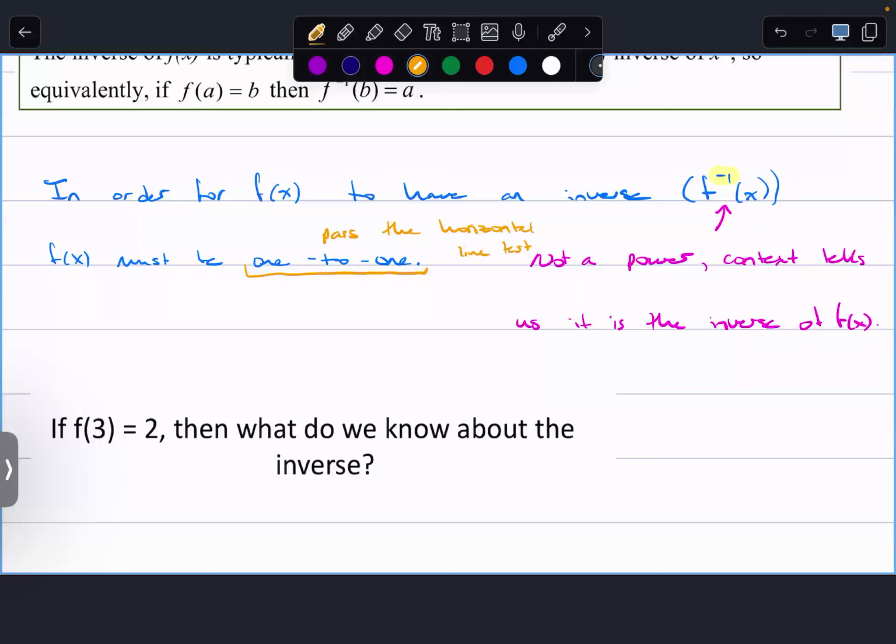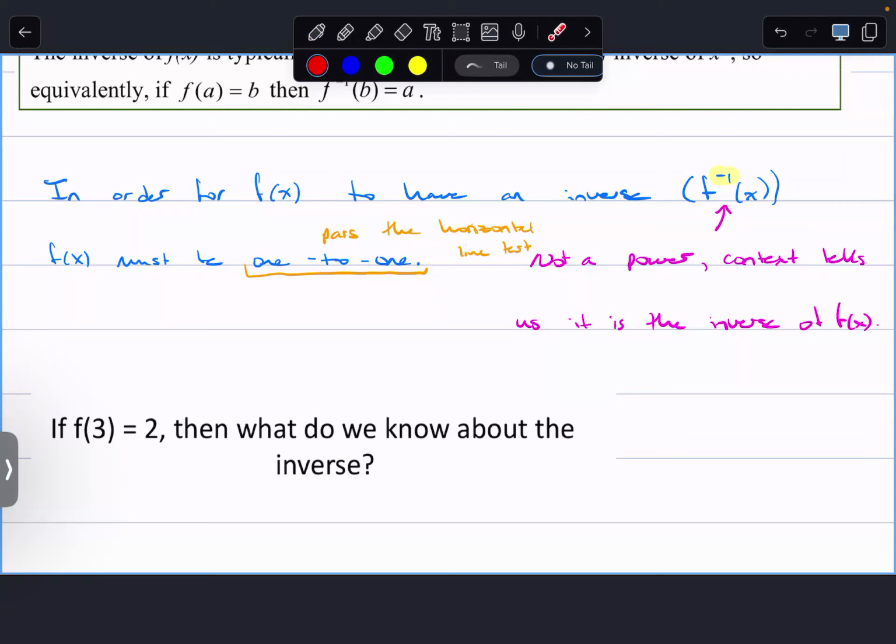So it has to be a function, and then we have a special case of functions which are one-to-one. And we're going to look at how we know if it's one-to-one, maybe if we don't have the graph. That might be harder, but we're not there yet.